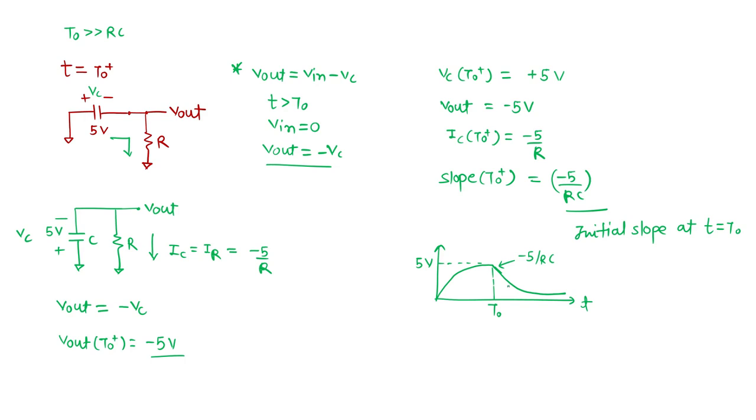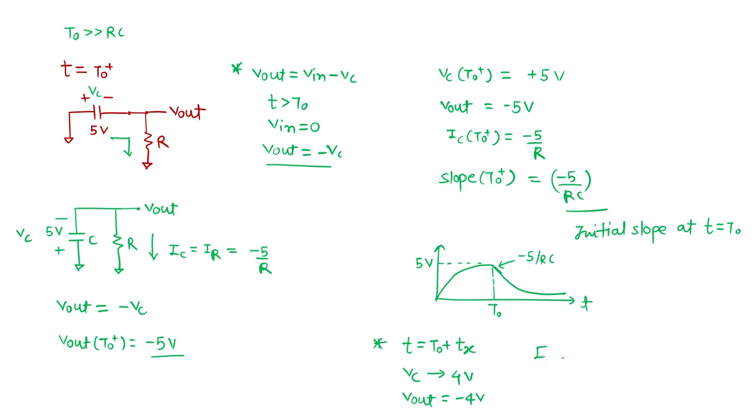You will see slowly the capacitor is discharging, so the amount of discharging current is also decreasing. Let's say at some instant, t naught plus some Tx, my capacitor voltage is now reduced to 4 volt. So the output voltage is equal to minus 4 volt.